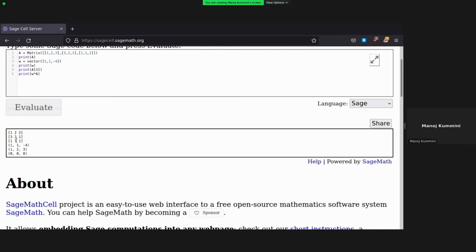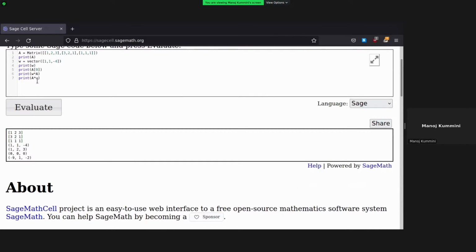Okay. So one thing is that Sage thinks of function application on the left. I'll clarify. But one advantage is that if you do this, it actually doesn't complain. It's a 3x1 matrix times a 1/3 thing, but it doesn't complain.